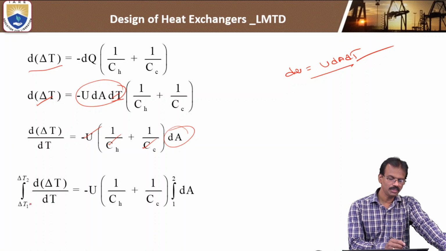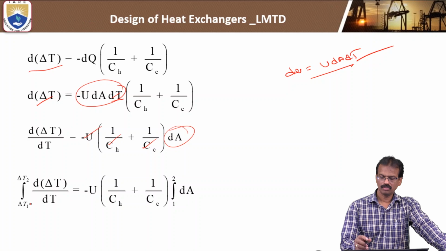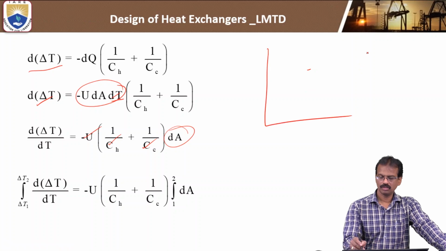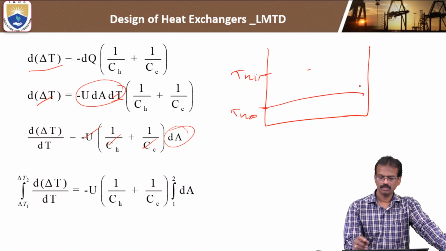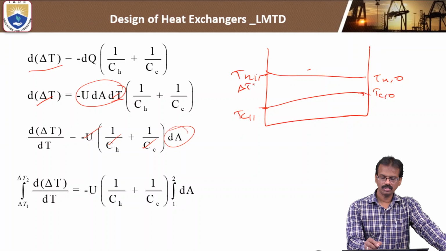Integration limits: you know the temperature profile has the hot fluid inlet, hot fluid outlet, and the cold fluid inlet, cold fluid outlet. Okay, so this is delta T1, this one is delta T2.